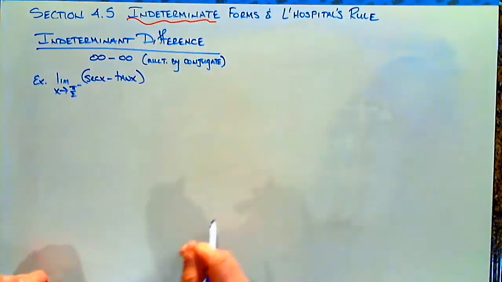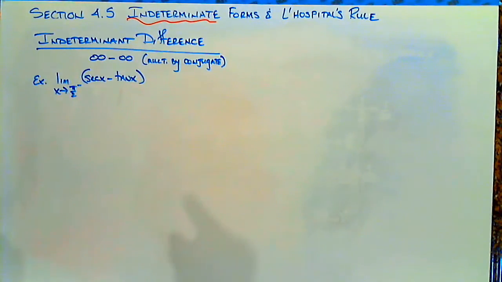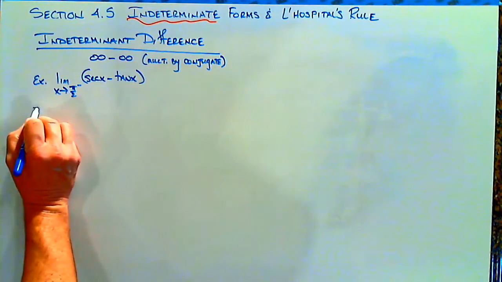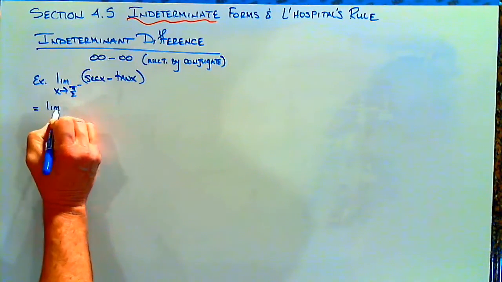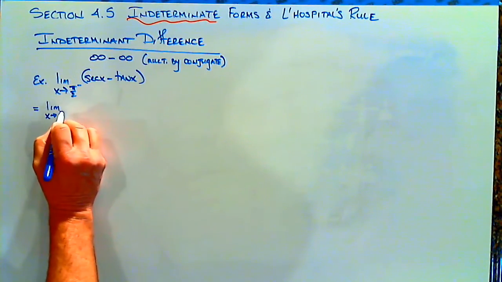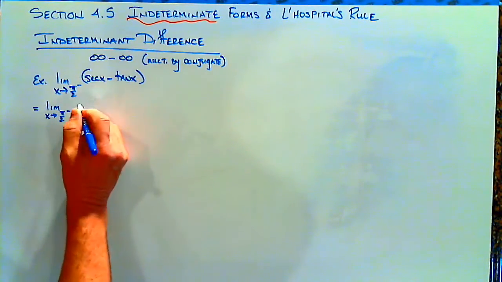In this problem, we're not going to multiply by the conjugate, because if we take a closer look, we've already kind of talked our way into our solution strategy.